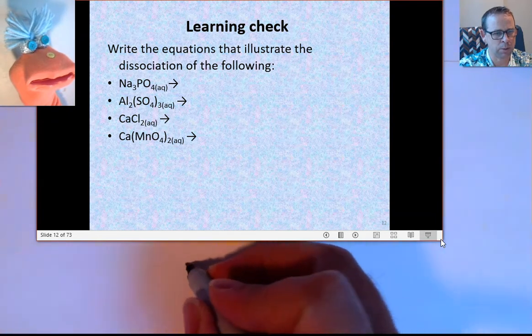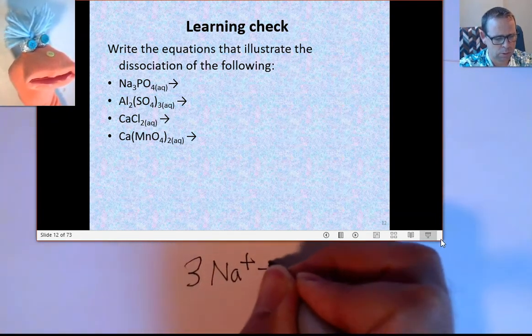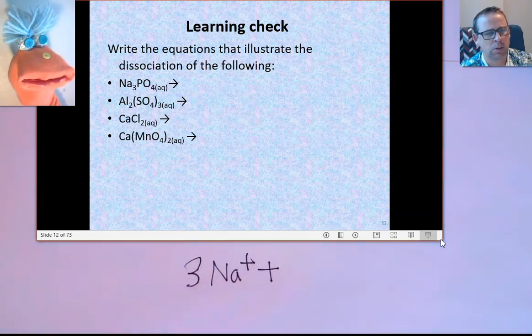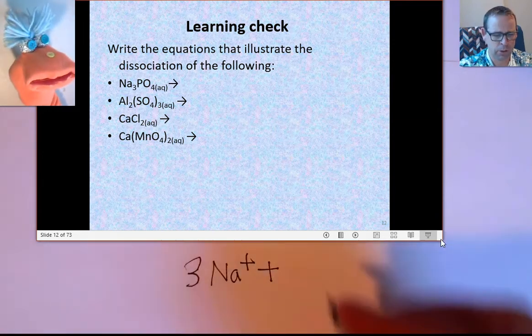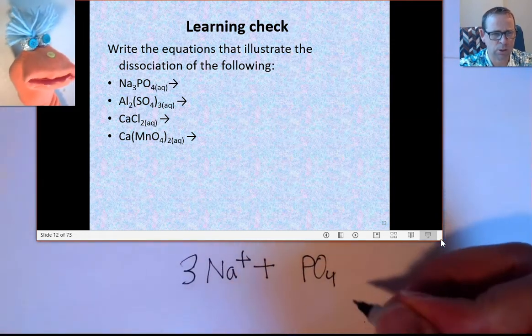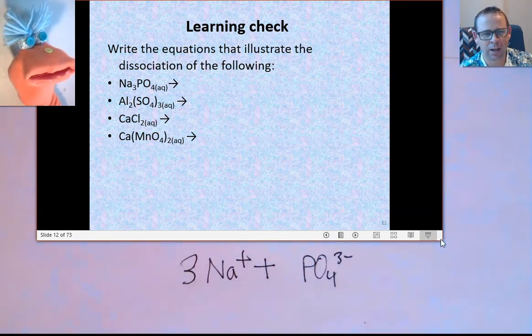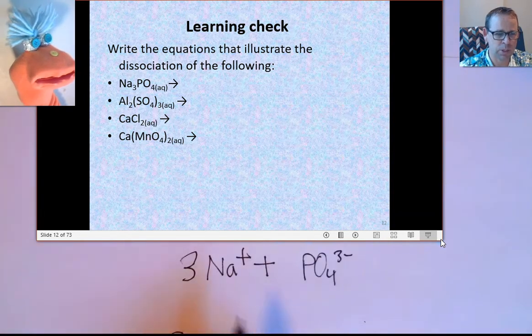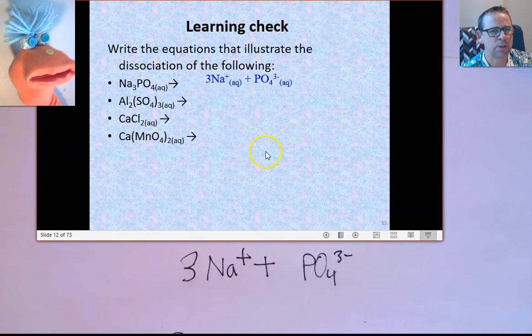Very good. And what's the other one? PO4. Let me look at my table. Oh, that's phosphate. Very good. Phosphate ion. And what's the charge? 3 minus. So those are our ions. I have 3 sodiums and 1 phosphate. That's the dissociation.